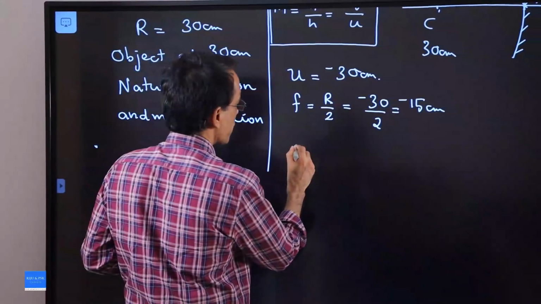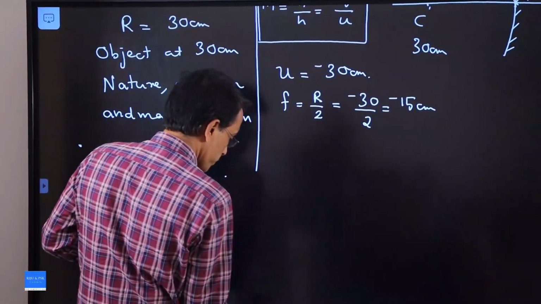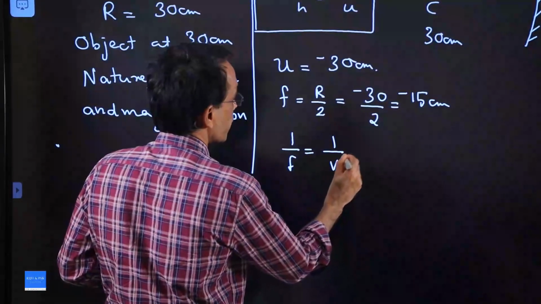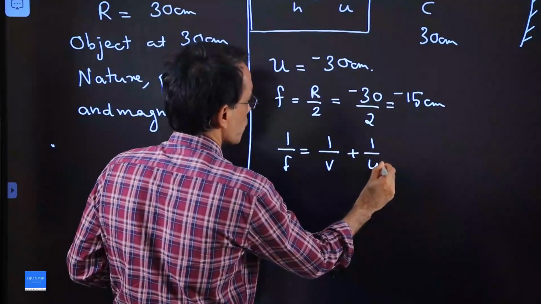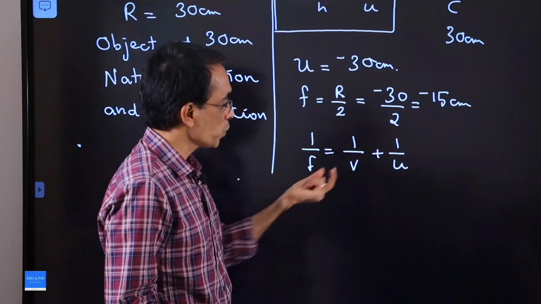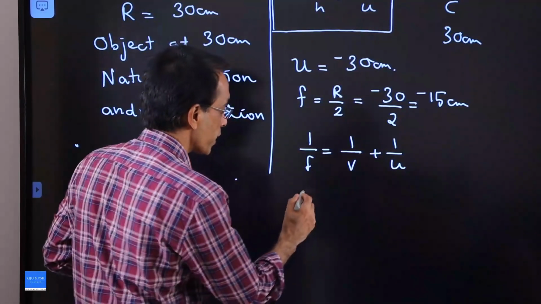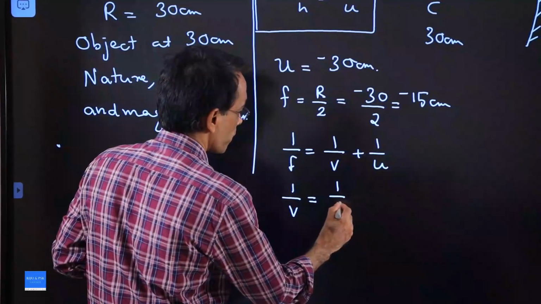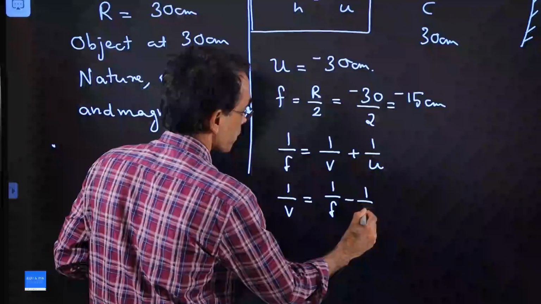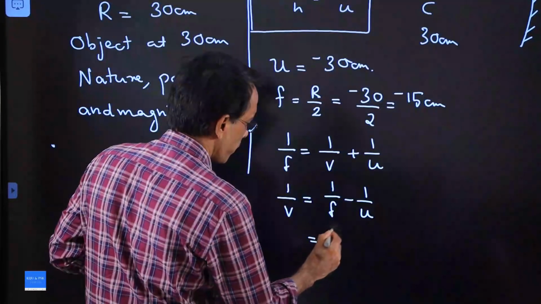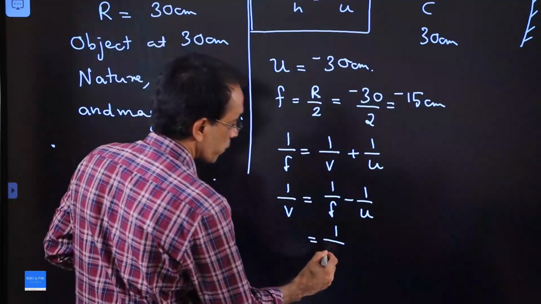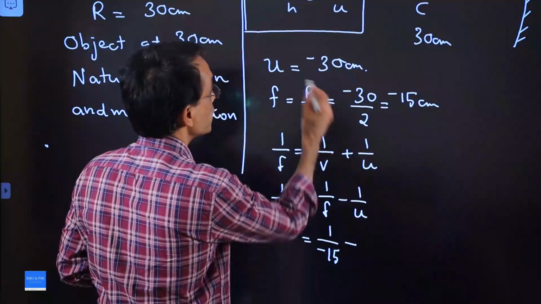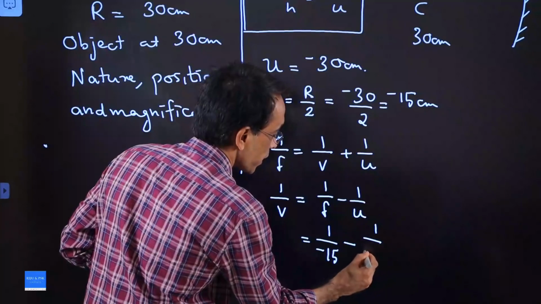Okay, take the equation 1 by f equal to 1 by v plus 1 by u. Out of this, you know f, you know u, you don't know v. So we can take v on this side. 1 by v is equal to 1 by f minus 1 by u. Now apply with the sign. What is f? f is minus 15 minus, what is u? Minus 30.